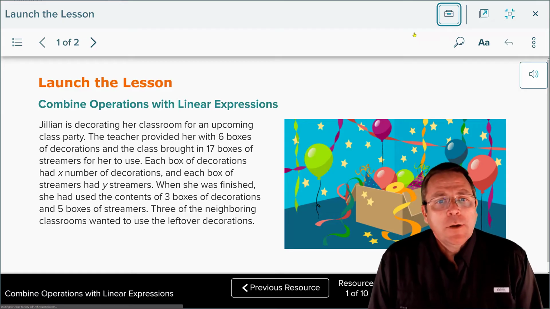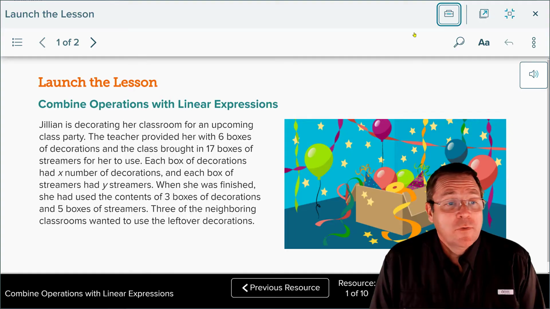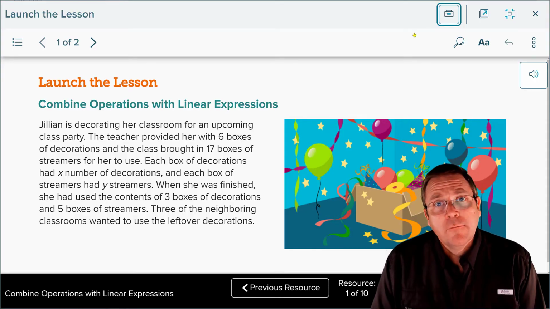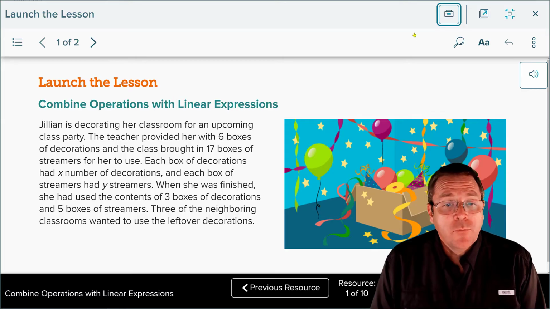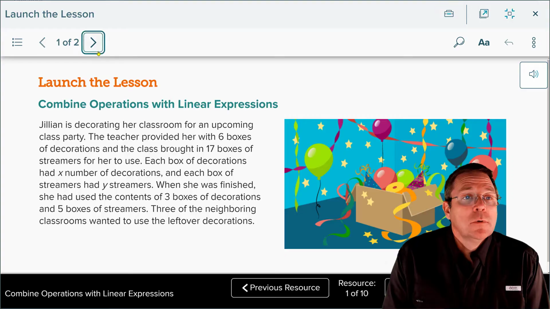Jillian is decorating her classroom for an upcoming class party. The teacher provided her with 6 boxes of decorations, and the class brought in 17 boxes of streamers for her to use. Each box of decorations had x number of decorations. Each box of streamers had y number of streamers. When she was finished, she had used the contents of 3 boxes of decorations and 5 boxes of streamers. 3 of the neighboring classrooms wanted to use the leftover decorations.